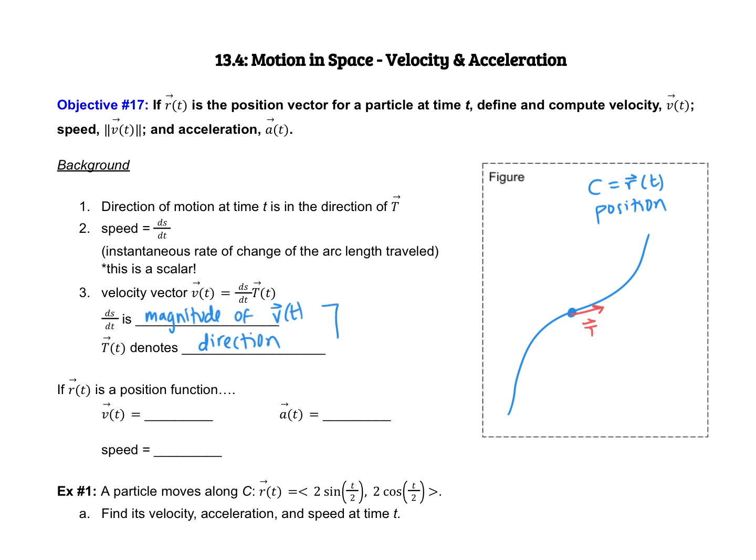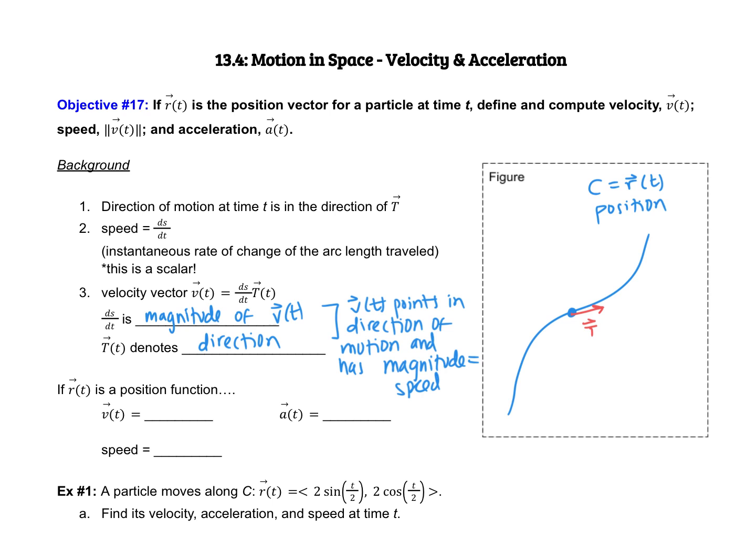Altogether, that's telling us that our velocity vector points in the direction of motion, so that's our unit tangent vector, and has magnitude equal to the speed of the particle. And that you've seen before.